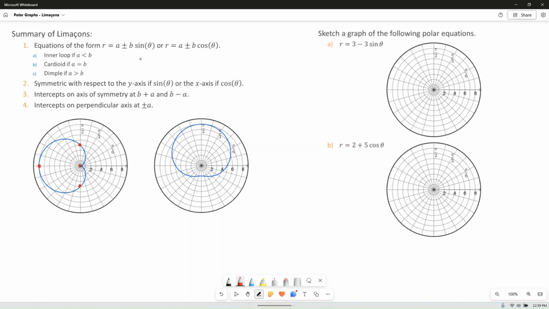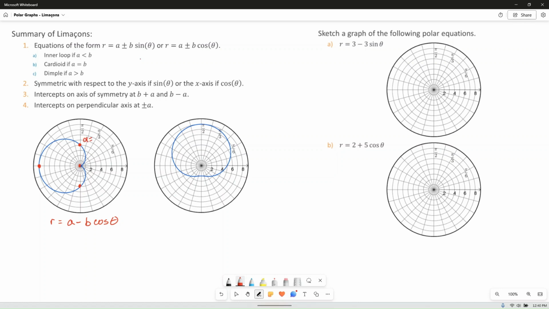Because it's along the x-axis, I know it's going to involve cosine, and since it's to the left, I know it's going to be minus. So r equals a minus b cosine of theta. Okay, I know I can get the a value because that's where it crosses the perpendicular axis. So cosine means it's on the x-axis, so the y-axis perpendicular to that, it crosses at 4.